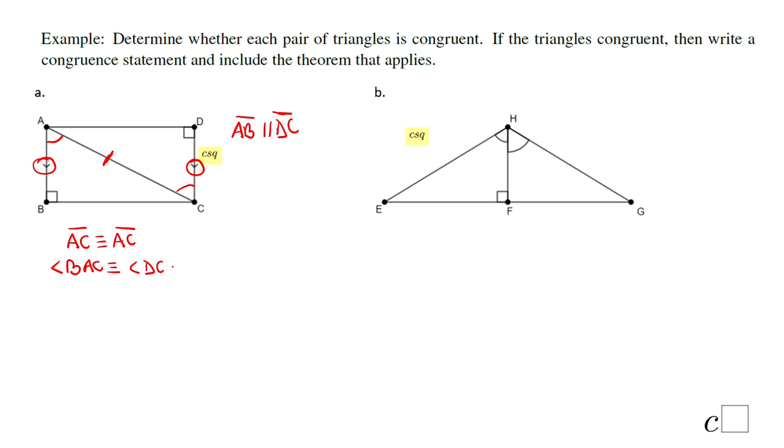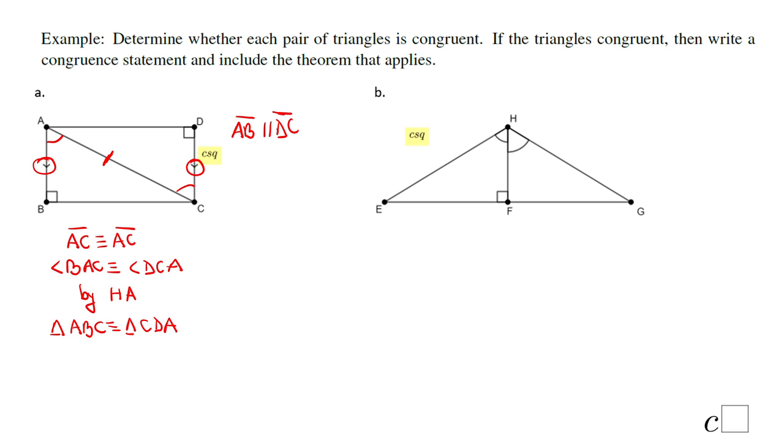And by the way, if you need to write the proof, you need to write this reason. I said these are alternate interior angles. So this is going to be by hypotenuse angle congruence theorem. So then we have triangle ABC congruent to triangle CDA.